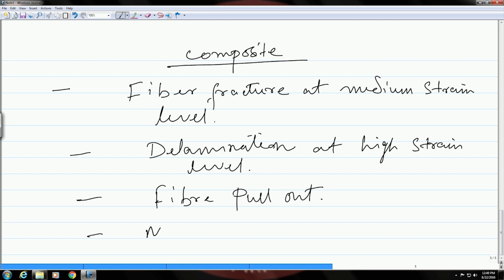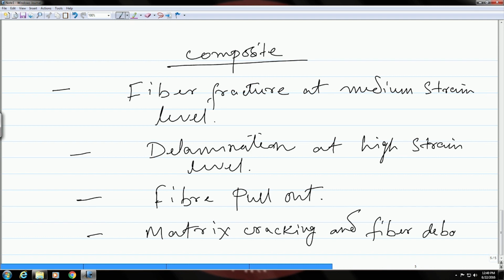Then the matrix also can crack. So, matrix cracking and fiber debonding from the matrix. This can happen at low strain level.